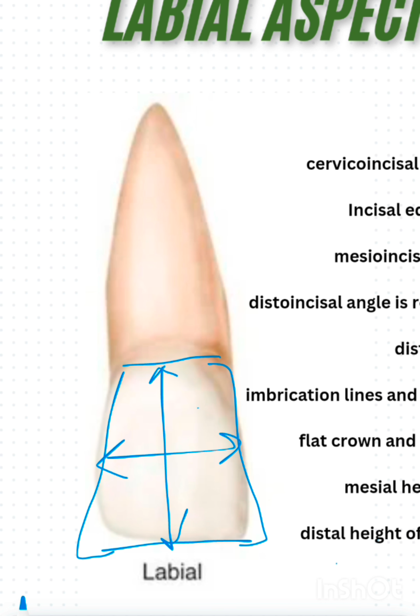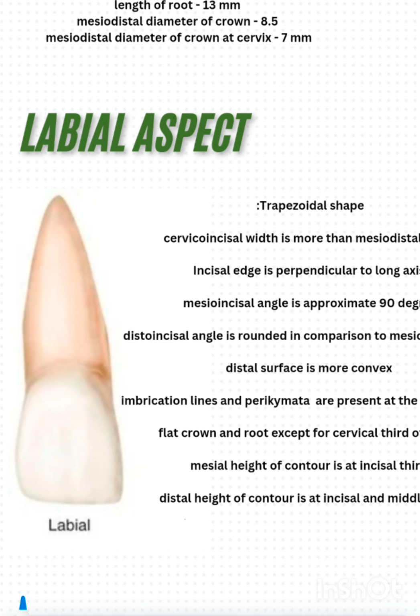Now the incisal edge is perpendicular to the long axis of the tooth. Now if we look at the angles, this is mesial angle and this is distal angle. Mesial angle is less rounded than the distal angle.